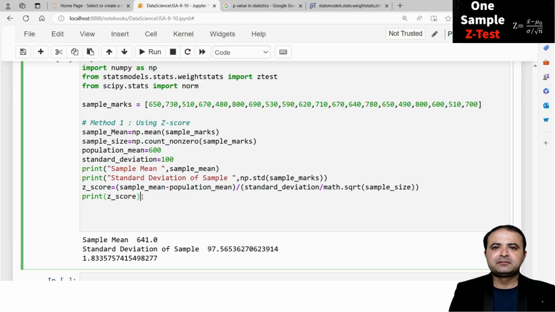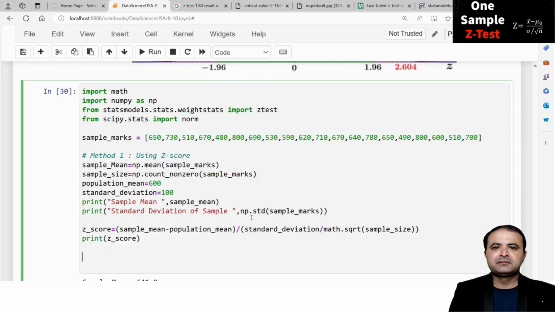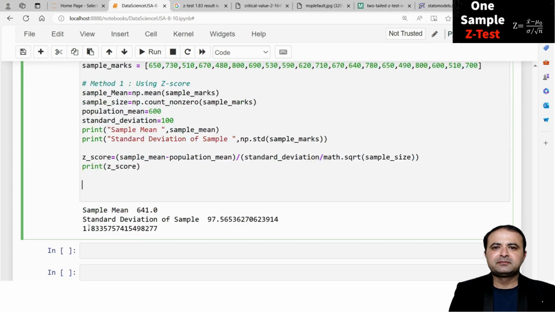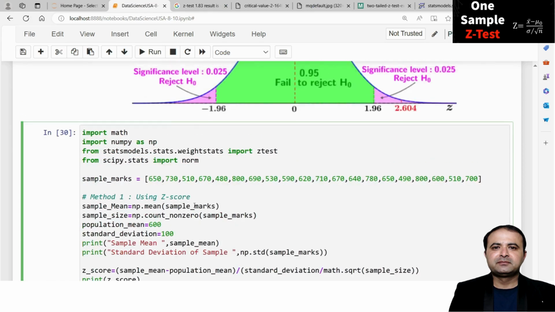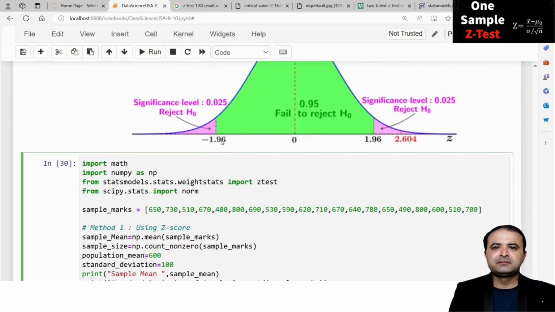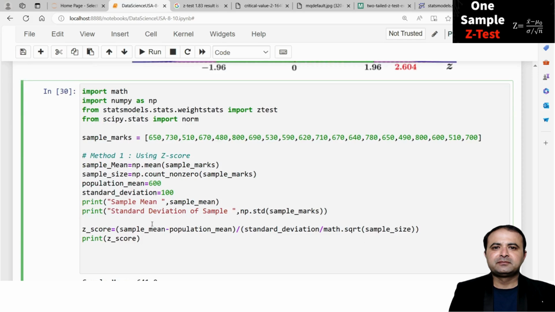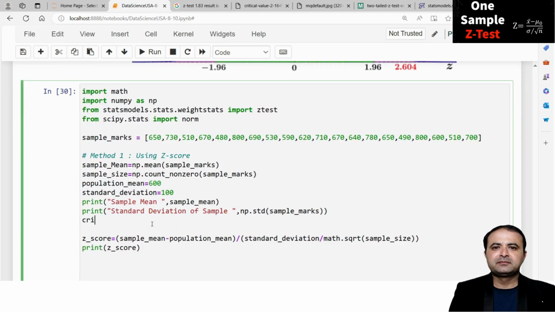And after applying the Z test, I found the value. So the critical value basically, if you find the value 1.83, whether it is decided by this critical value depends on you. You can set the critical value 1.96.